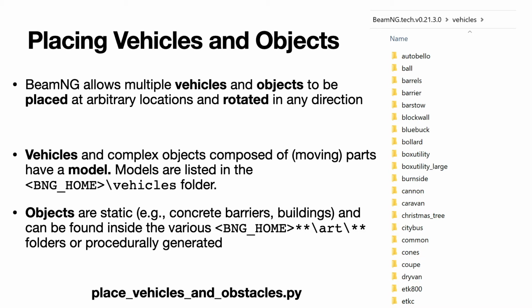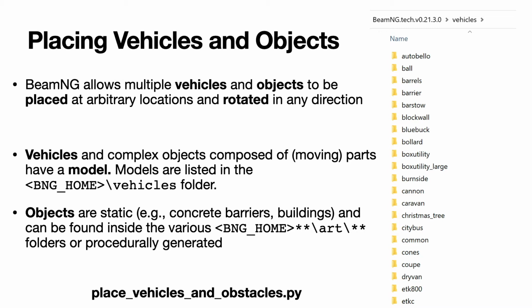The difference is that vehicles is a generic term to identify cars and actual vehicles, but also complex objects that are composed of possibly many moving parts, things that can break in pieces, because that's what soft body simulation is about, right?